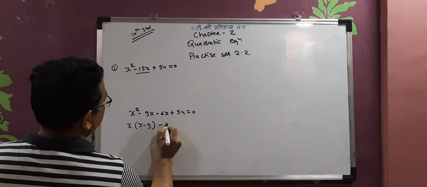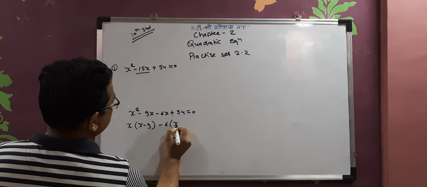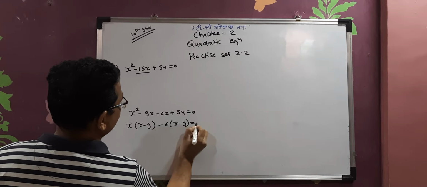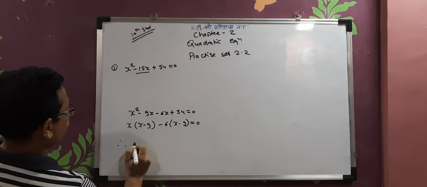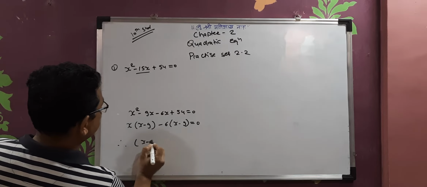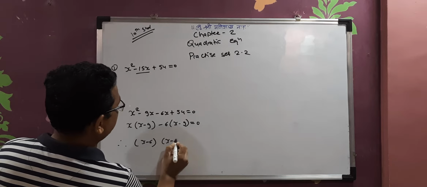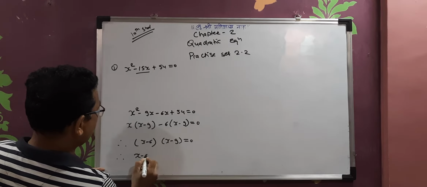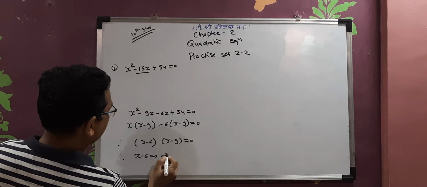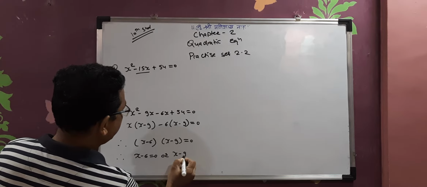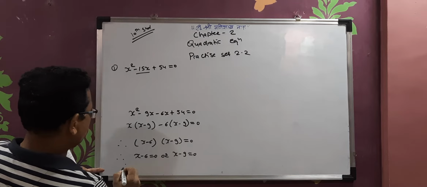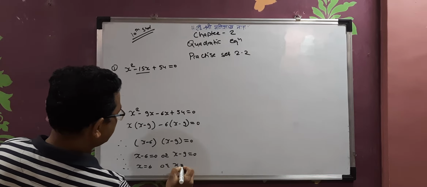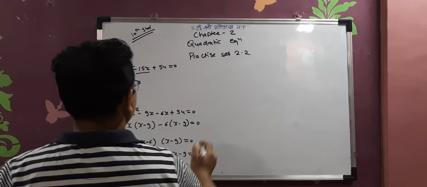Then minus 6x, minus sign, plus sign, will get minus 9 is equal to 0. So x minus 6 and x minus 9 is equal to 0. So x minus 6 is equal to 0, or x minus 9 is equal to 0. So x is equal to 6 or x is equal to 9.